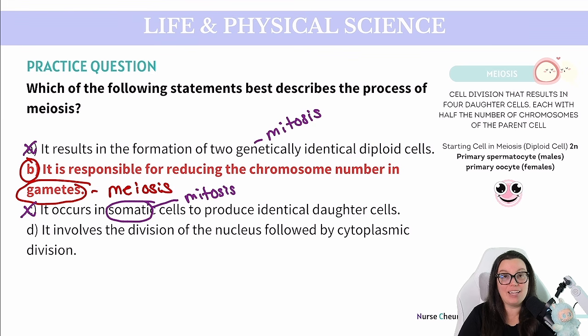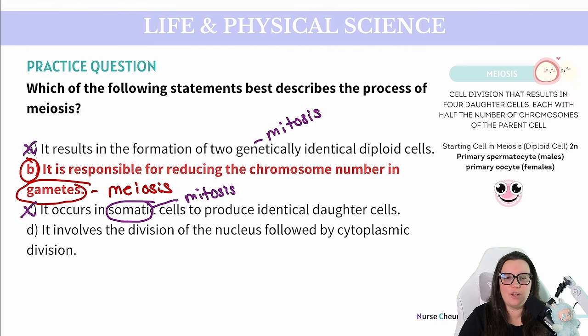However, if we had meiosis, since they're genetically different, then that means we would have a really weird, funky looking wound that would occur because it doesn't create the same kinds of cells. Somatic cells create the same cells, they're body cells, and gametes create genetically different cells, they are meiosis.